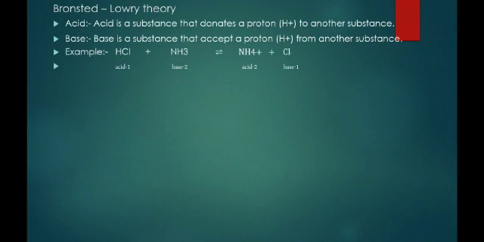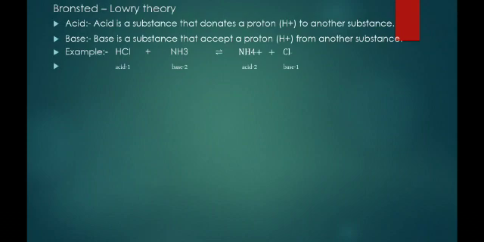So HCl and NH3 convert into NH4 plus and Cl minus. But when we consider this reverse reaction, then we get NH4 plus donating proton to Cl minus and forming NH3 and HCl.